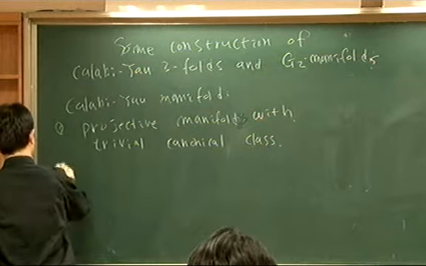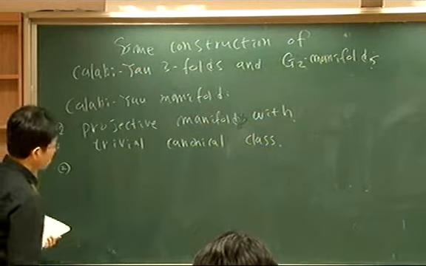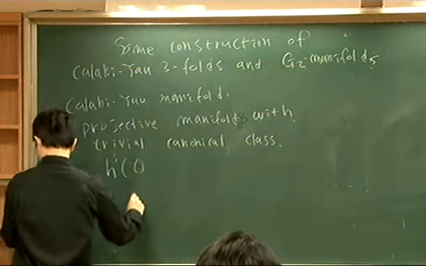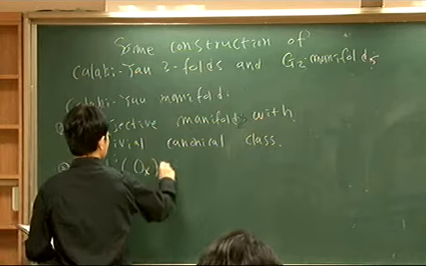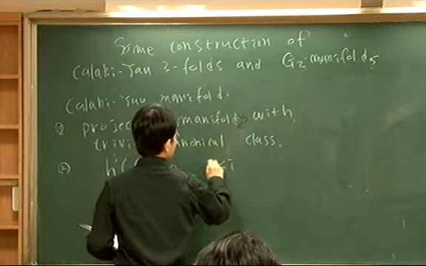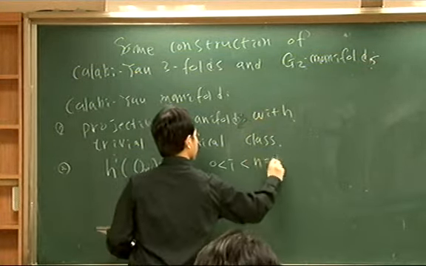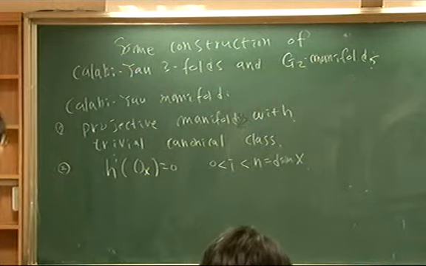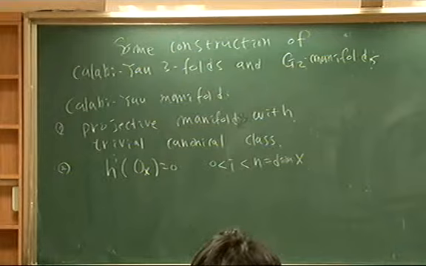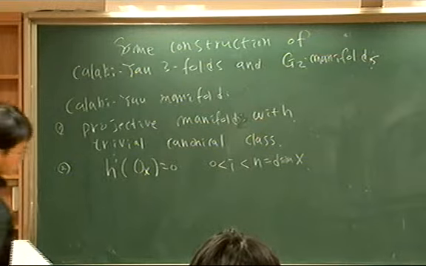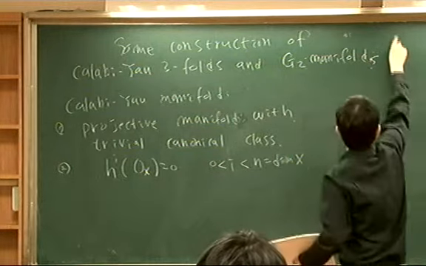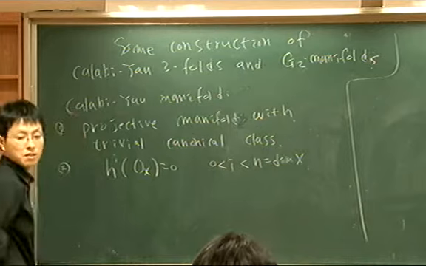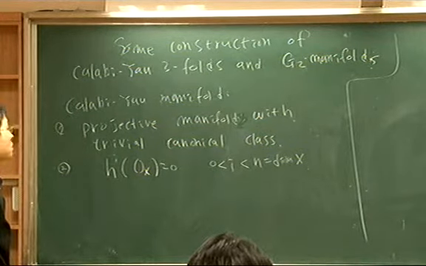And there is the cohomological condition: the cohomology of the structure sheaf is 0 for i from 1 to dimension minus 1. Usually with this condition they call it a Calabi-Yau manifold. In this definition, the Calabi-Yau twofold is a K3 surface, but usually they consider higher dimensional ones.